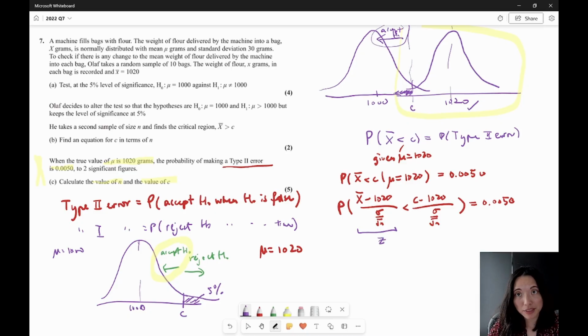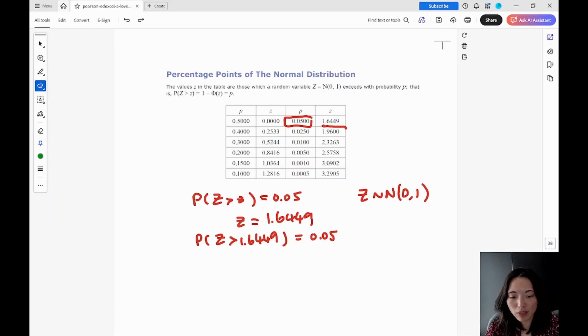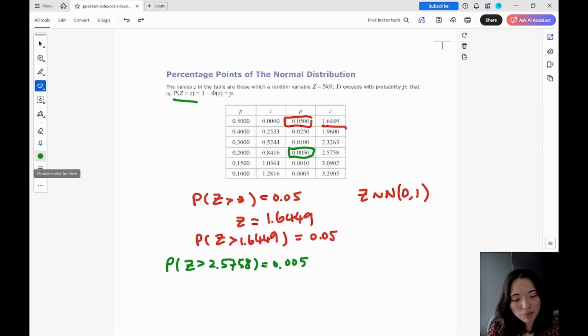Now we're able to look at the statistics tables and see what is this value, little z. This should be a little one. That would give me this probability. This is the same table that we were looking at before, but now we're interested in p equals 0.0050. So based on this inequality, the probability of z greater than 2.5758 equals 0.0050. This equation is simply giving me this value.